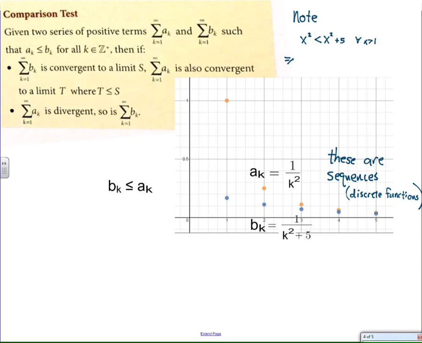And just to prove that 1 over k squared is always larger than 1 over k squared plus 5 for all k's bigger than or equal to 1, I'm going to start with a little bit of logic. Notice that k squared is smaller than k squared plus 5. Then if we take the reciprocals, then 1 over k squared has to be larger than 1 over k squared plus 5.